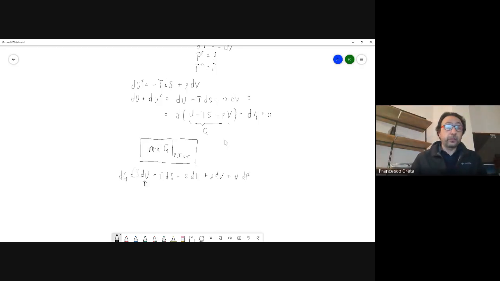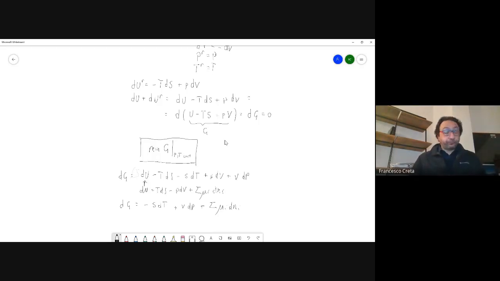If you substitute for dU, TdS, etc., minus PdV, plus the sum of mu_i dn_i, dG comes out to being essentially minus SdT plus VdP, plus the sum of mu_i dn_i, all in terms of the inner quantities.